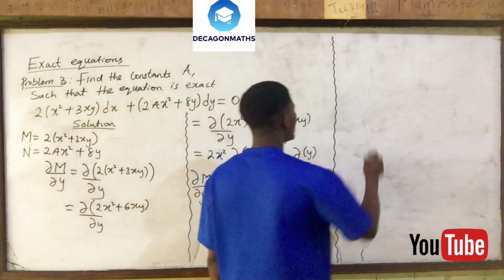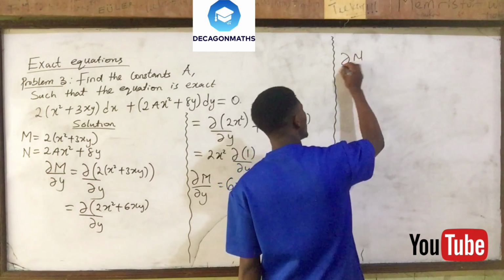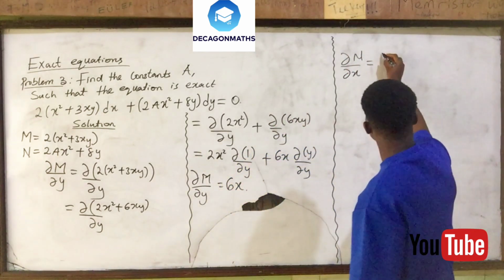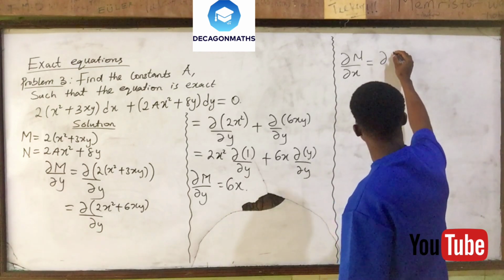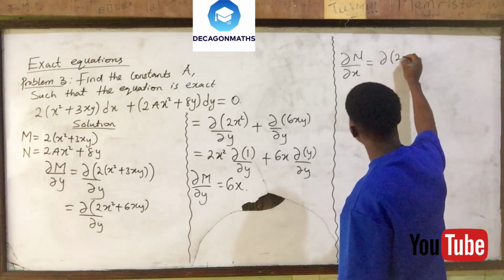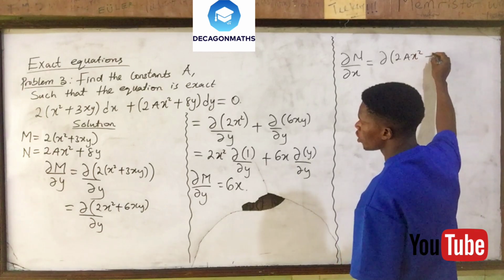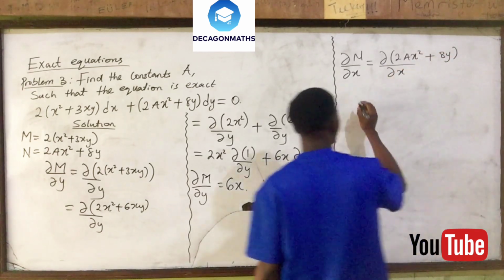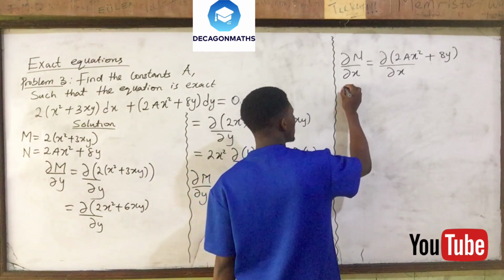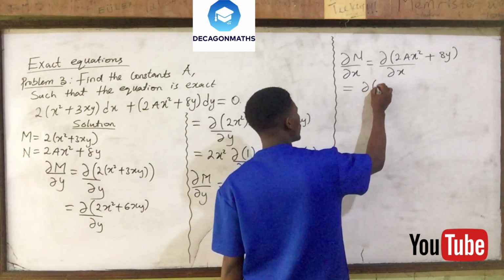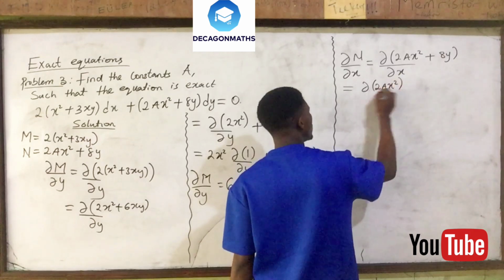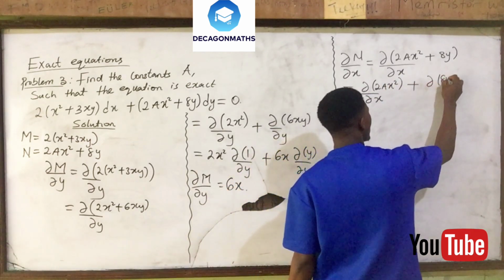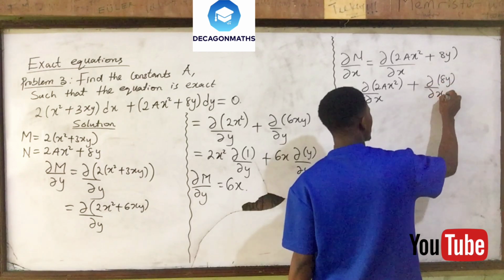Now let's find the partial derivative of N with respect to x, which can be written as the partial derivative of 2a x squared plus 8y with respect to x. Again, this can be written as the partial derivative of 2a x squared with respect to x plus the partial derivative of 8y with respect to x.